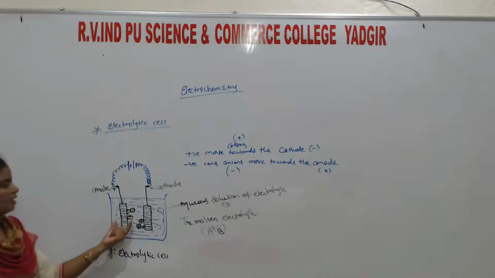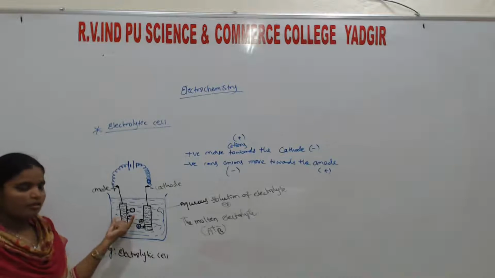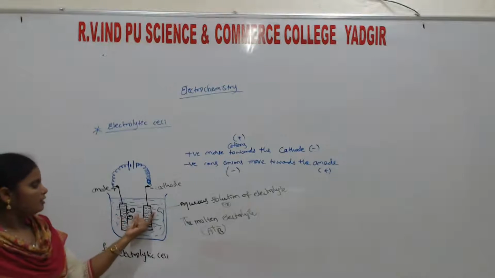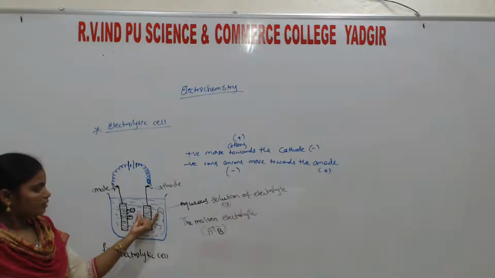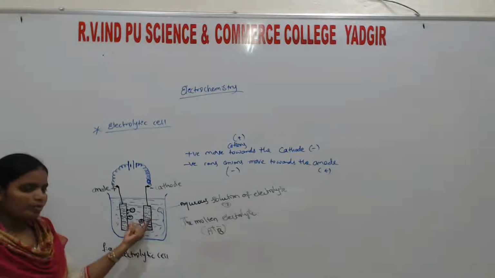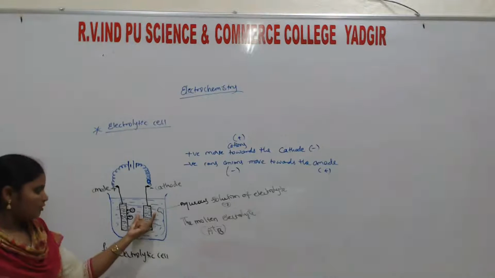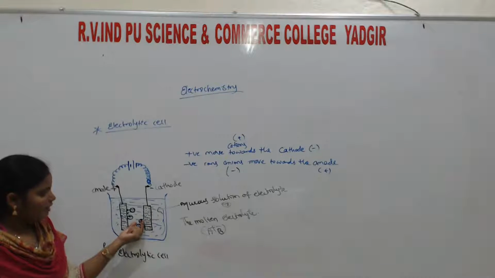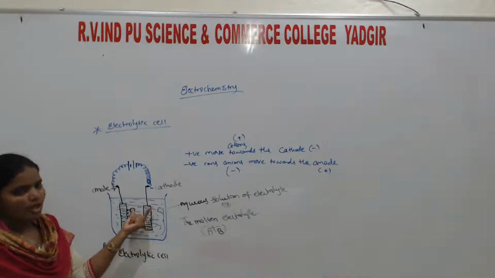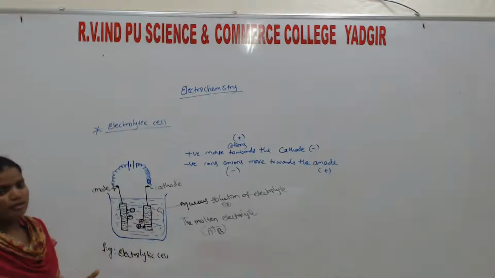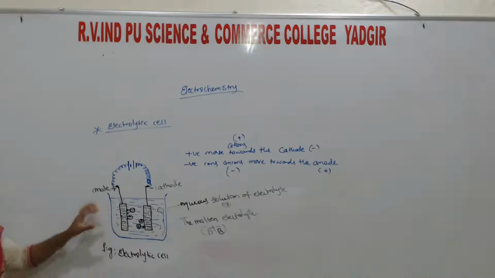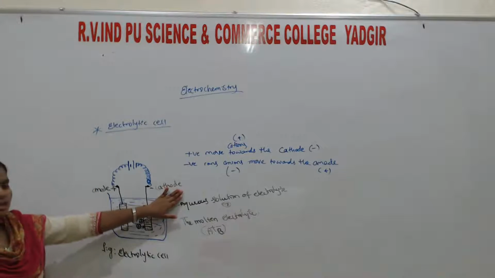Where electrons are lost, oxidation takes place, and at the cathode, after the cations reach it, electrons are gained. Always the anions move towards the anode and the cations move towards the cathode.